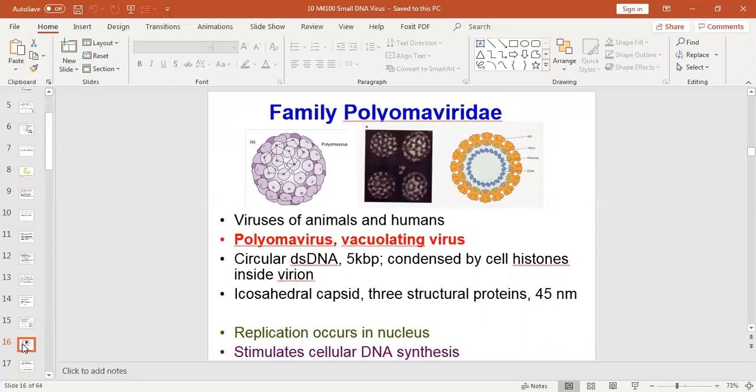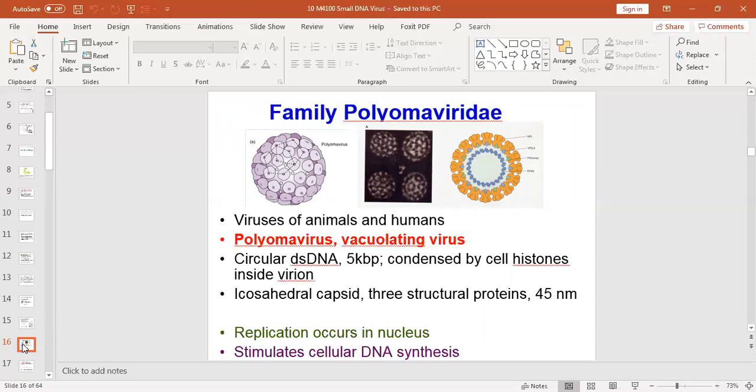Specific examples of viruses within this family are polyomavirus and vacuolating virus. They have a circular double-stranded DNA genome, 5 kilobase pair. The DNA is condensed by cell histones inside the virion.